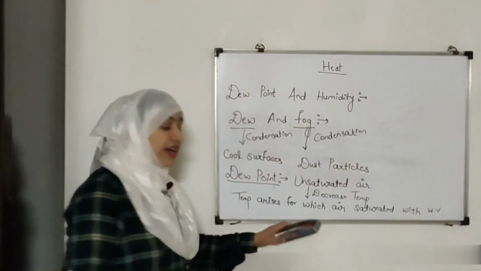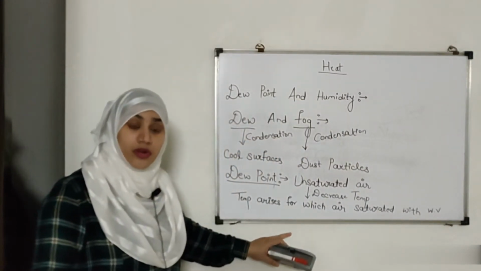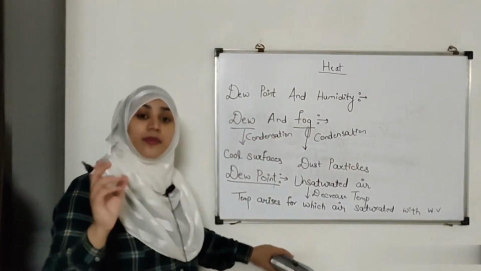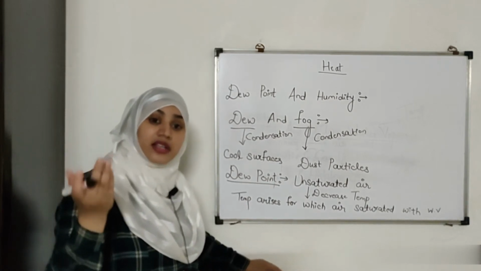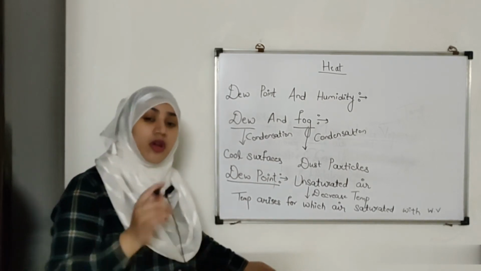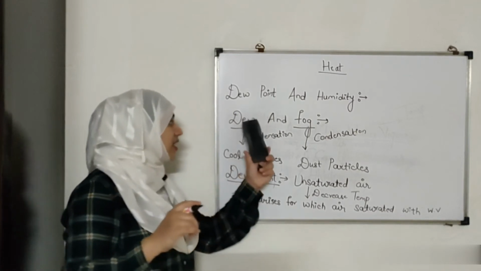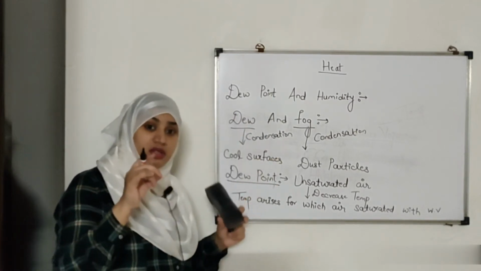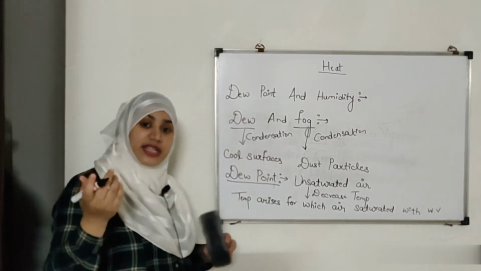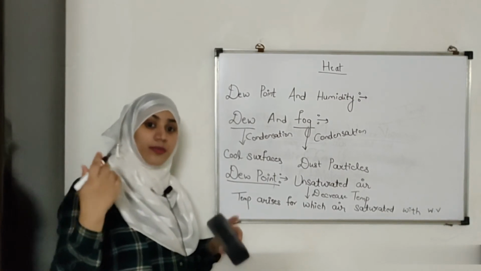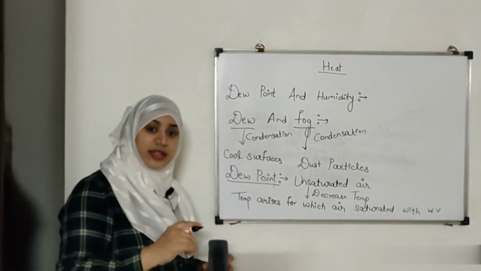So see, if I reduce the temperature more, it cannot hold that many water vapors and it starts getting condensed to water droplets. So when the dew is formed, what's the reason? Because the temperature has gone below the dew point. And what is the dew point?